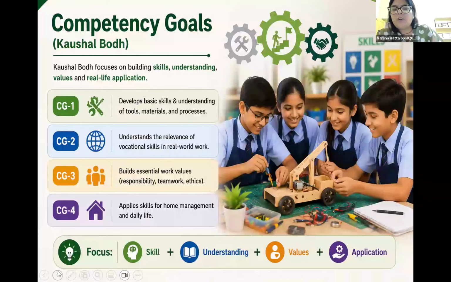We're also going to talk about the competency goals that Kaushal Bodh looks after. It focuses on building skills, understanding values, and real life application, which I have been talking about since I started.